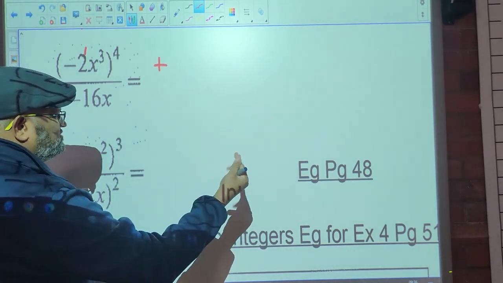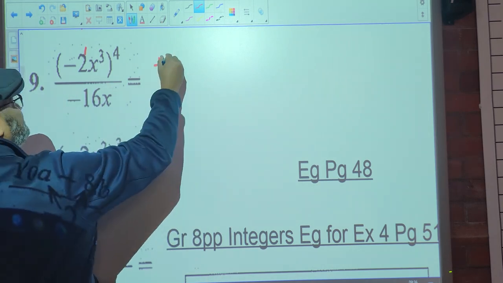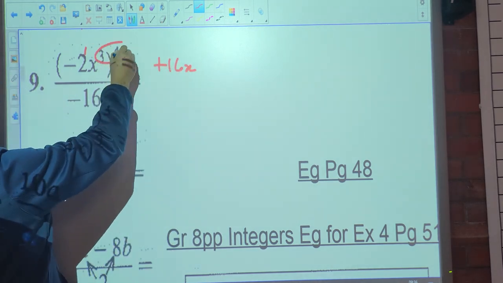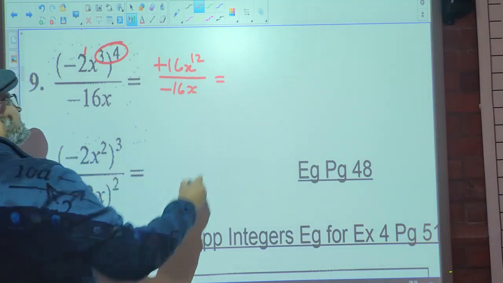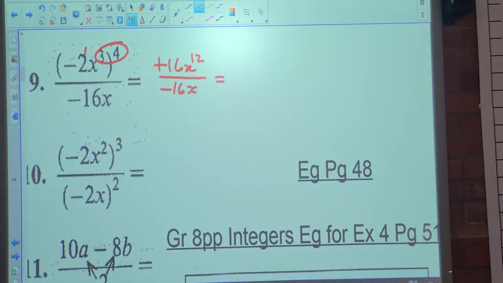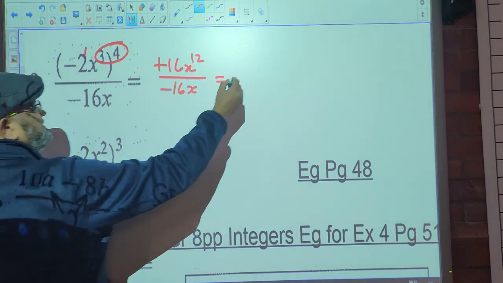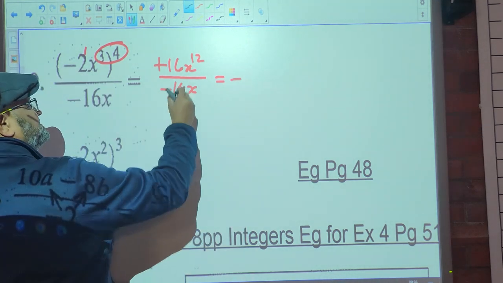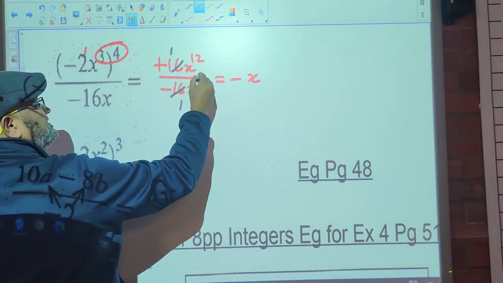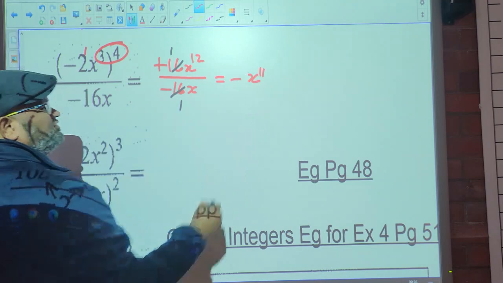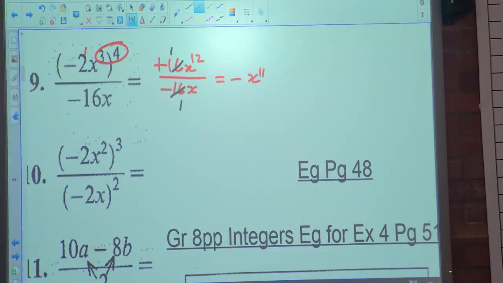It's 2 times 2 times 2 times 2, which is 16. x to the 3 times 4 is 12 over negative 16x. People, what's positive divided by negative? Negative. 16 goes into 16 once, 16 goes into 16 once, and it will be x to the 11. I can put a 1 there if you like, over 1, but it's going to give you the same thing. Okay? Alright. Yes, Michael? Yes?